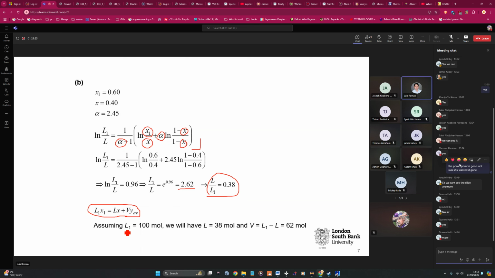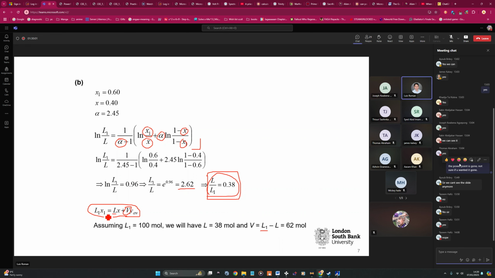We can assume some value of L1 to calculate L, because they are always changing with this proportion. It doesn't matter which value of L1 you use, because L is always going to be 0.38 times L1. So you can give any value, and then you can calculate the amount of vapor that was produced by subtracting the final amount of liquid from the initial amount.